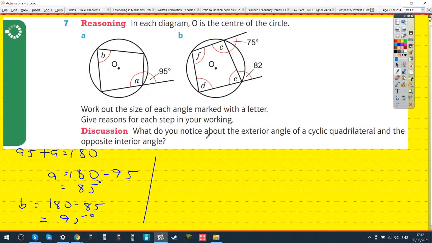Okay. So what looks like the opposite angle next to E is 82 degrees. 82. So which one is 82? The one next to E. Yeah, alright.